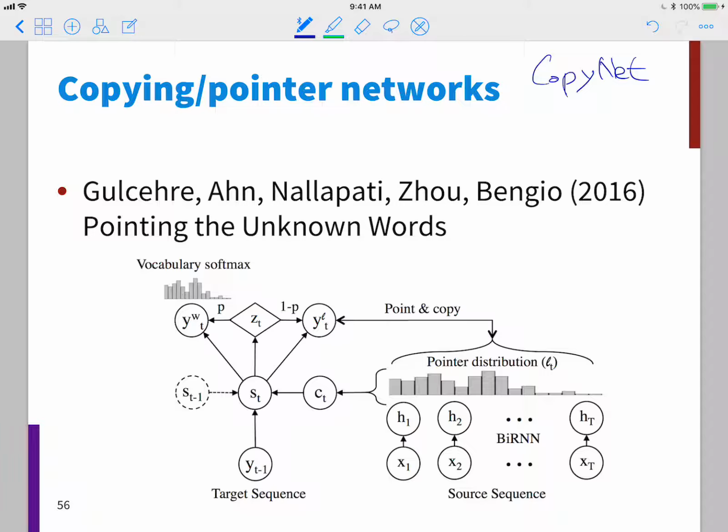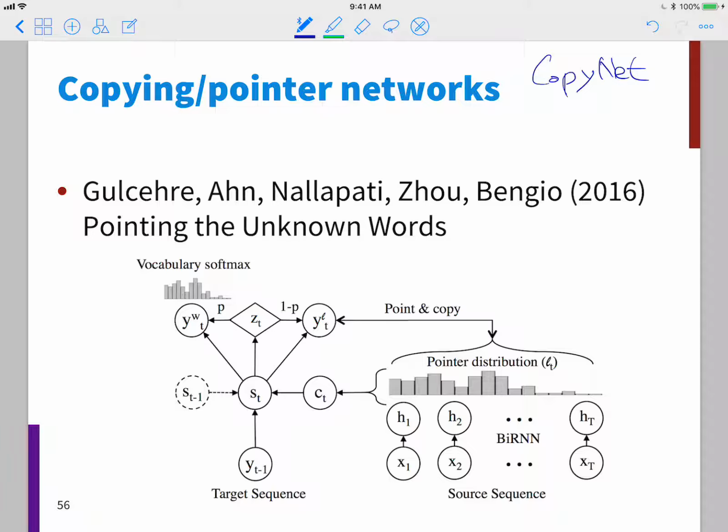I don't like the name because it sounds a little trivial, but there is a model called CopyNet, and the performance improvement in this paper is really marginal. Even when you don't use CopyNet, the performance may or may not be better. But in this CopyNet, the main intent or motivation was to be able to handle out-of-vocabulary tokens.